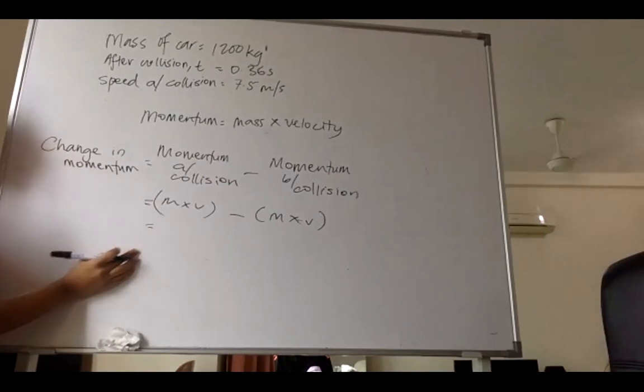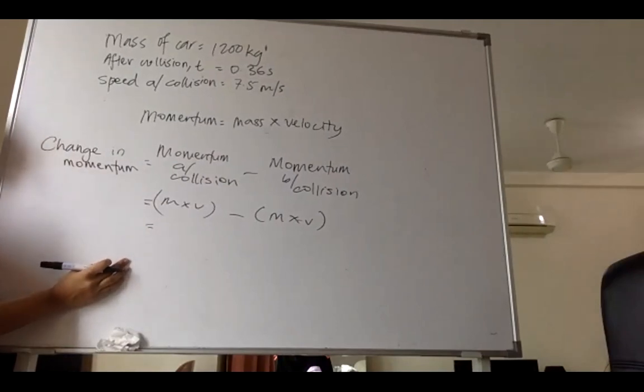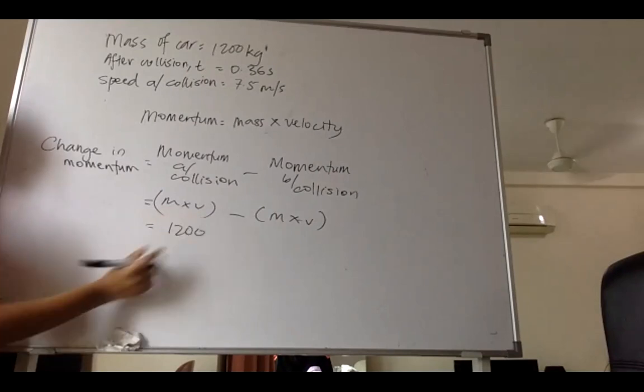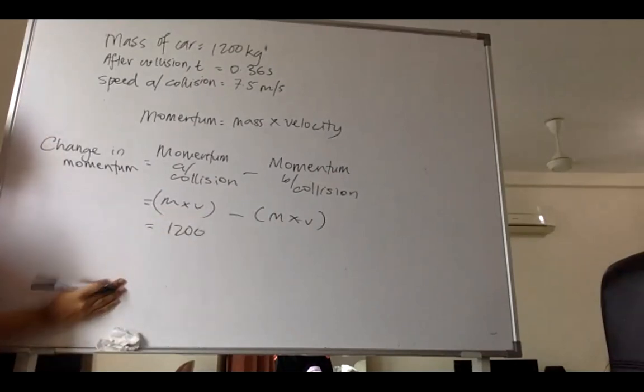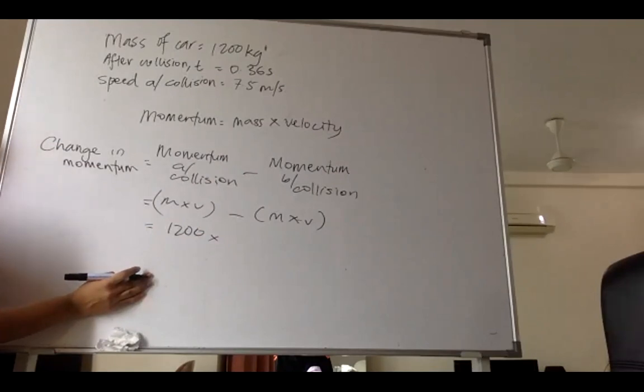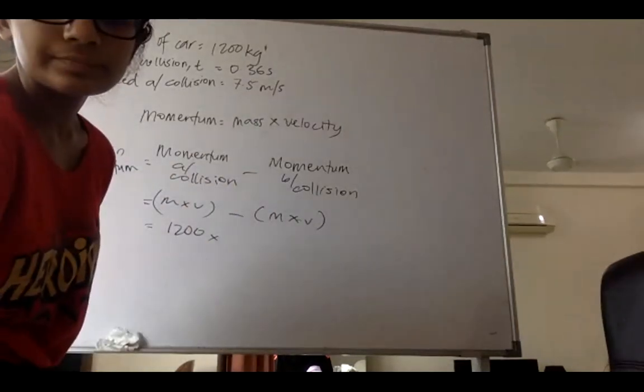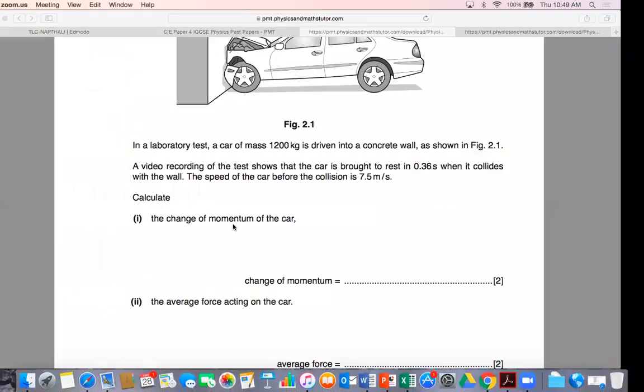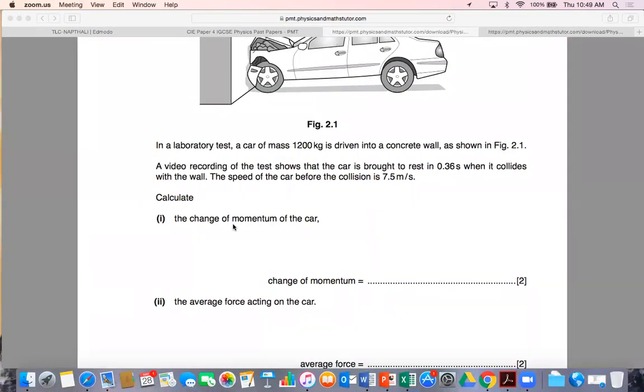Now, momentum after collision. What is the mass of the car? The wall, did they give a mass? No. What is my velocity after it hits the wall? The speed of the car before collision is 7.5.